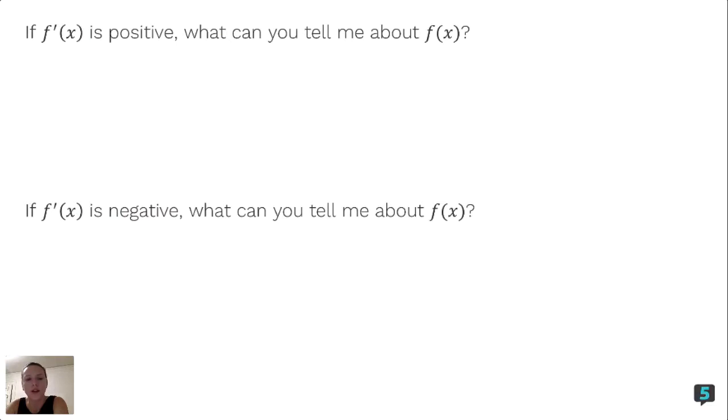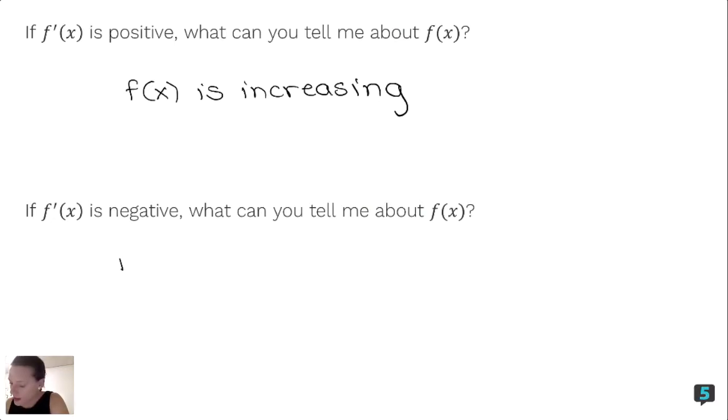What do you think? Yeah, awesome, Sierra. That tells me that f of x is increasing. And similarly, if f prime of x is negative, then we can say that f of x is decreasing.